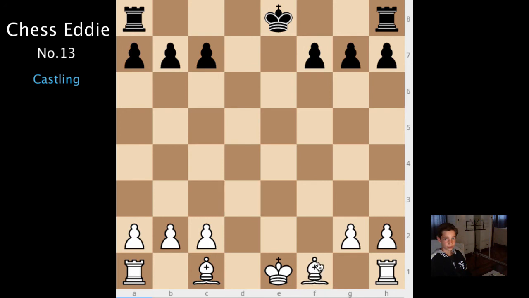Developing pieces means that you help your position grow and become better. So castling is very useful and important, but in some cases castling isn't really that good, and let me show you an example of what I mean.